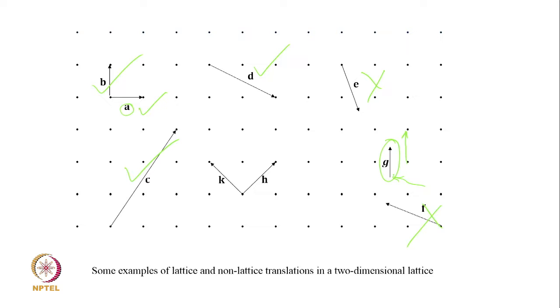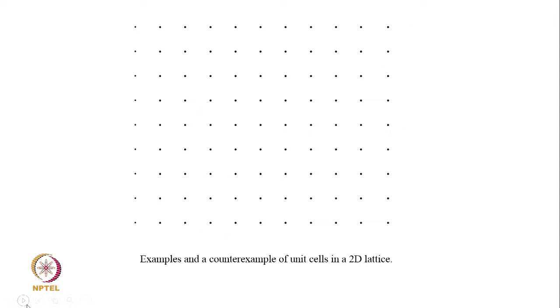But we know that vectors are translatable, vectors are not fixed, we are talking of free vectors. So, this vector also qualifies as a lattice vector, k is also a lattice vector, h is also a lattice vector. Good.